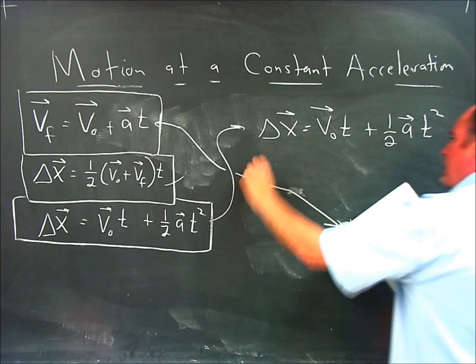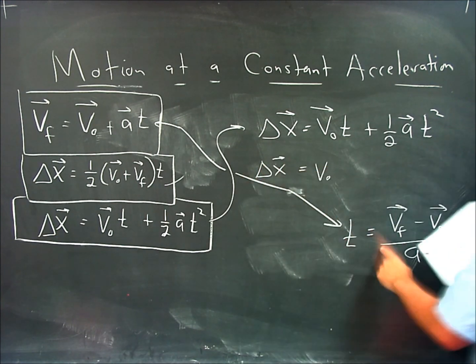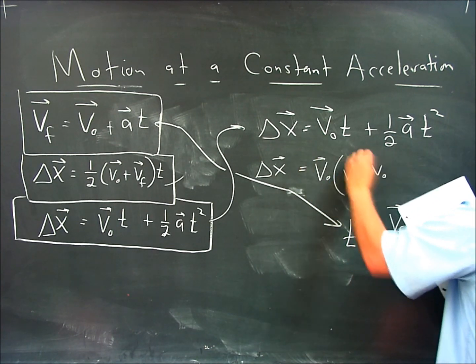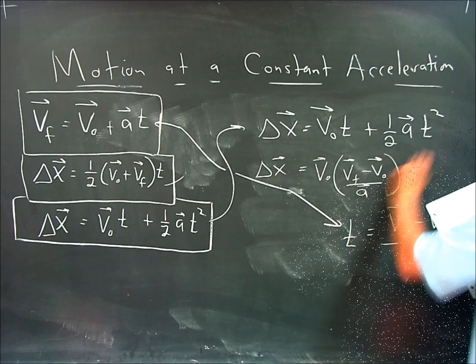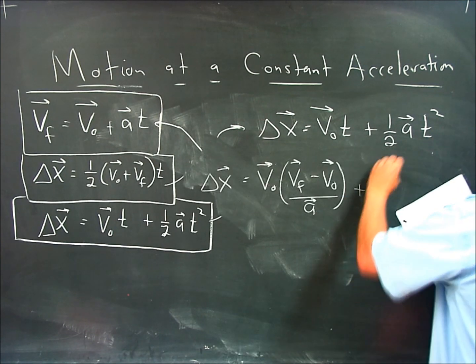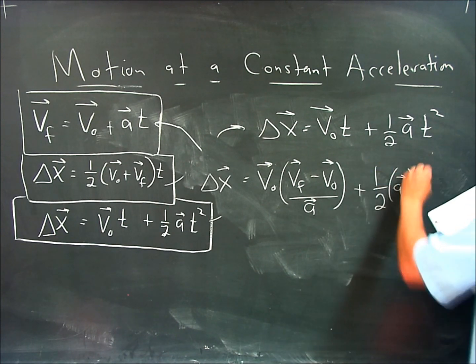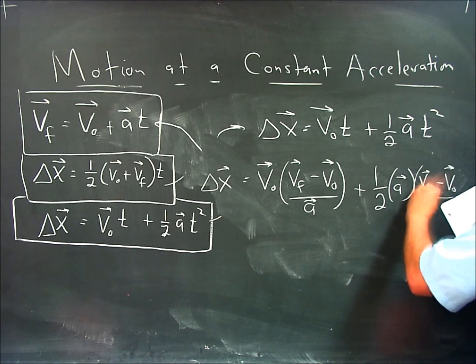So it would be delta x equals v initial, and now for the t, I would say parentheses, v final minus v initial over a, plus 1/2 a, and then it would be v final minus v initial over a again, and you have to square that.